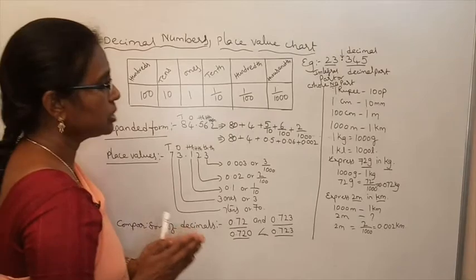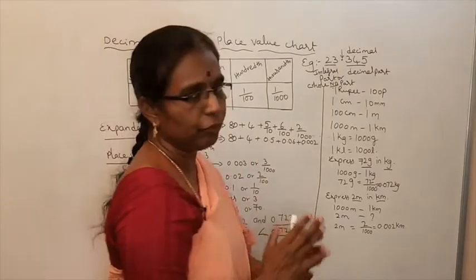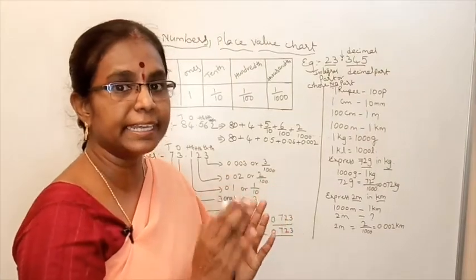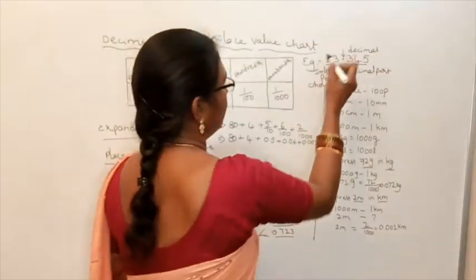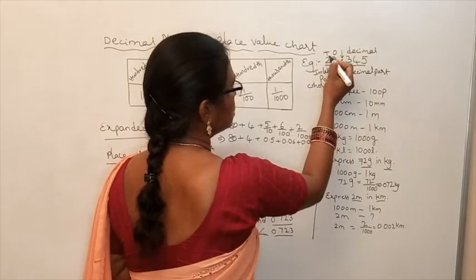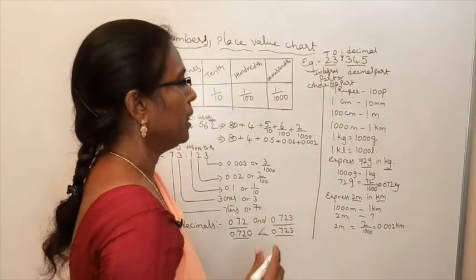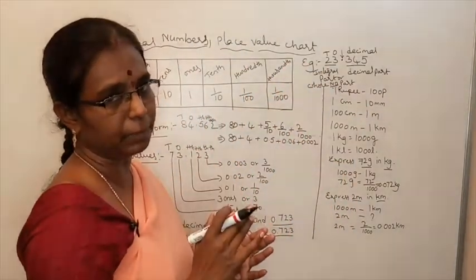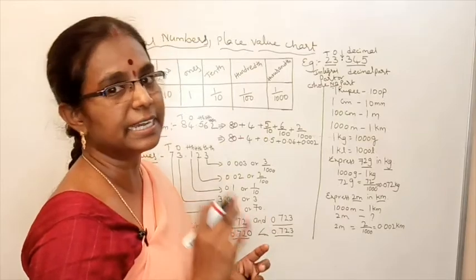Next point: in the integral part, when you move to another place value, the value increases 10 times. Suppose ones, tens: when you move from ones to tens, it increases 10 times. But in the decimal part, when you move from one place to another, it decreases 10 times.